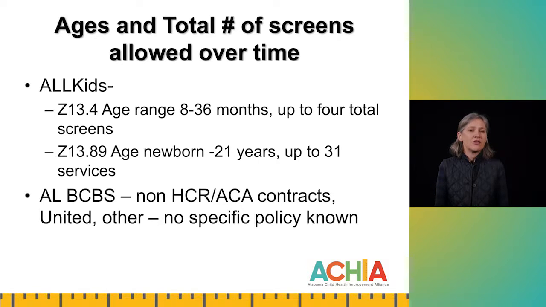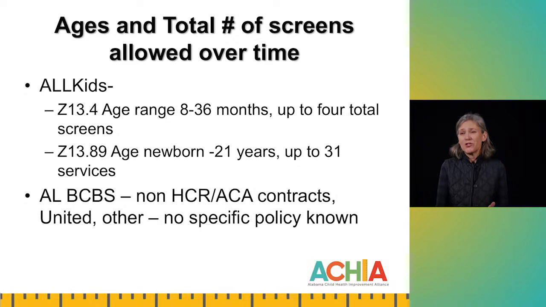Now, the ages and total number of screens for All Kids is 8 to 36 months. That 8 month is nice because you do sometimes do a 9-month checkup at 8 months of age. They allow a total of 4 screens. And then just like the Blue Cross Blue Shield HCR contracts, they cover newborn to 21 years and up to 31 services.